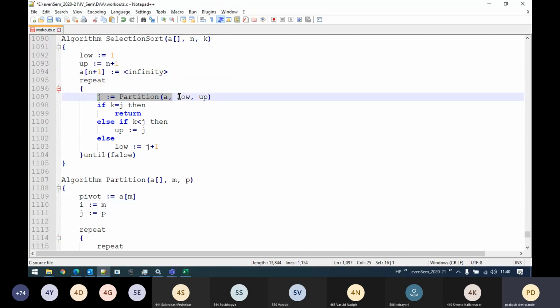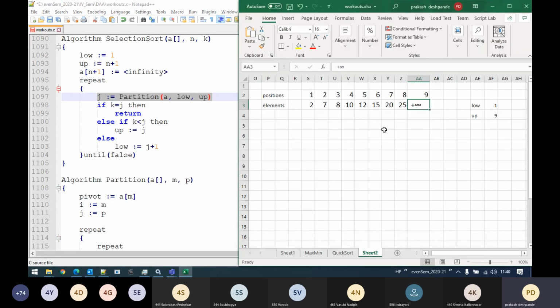So repeat until it will start execution of this particular line. Now, partition procedure will be called by passing all the elements, low value and up value. So for the first time when the partition is called, M is taken as low. So can you tell me what will be the M value here? 1. Up value? 9.